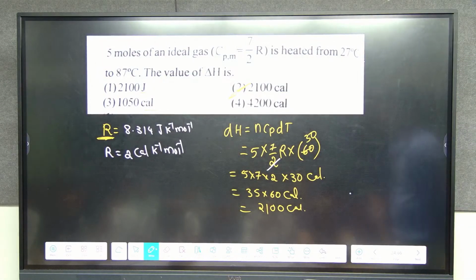How to do this? Tell me. n Cv dT. So n is 5, Cv is 5 by 2 R, dT is how much? Again 60. Substitute, you will get some answer.